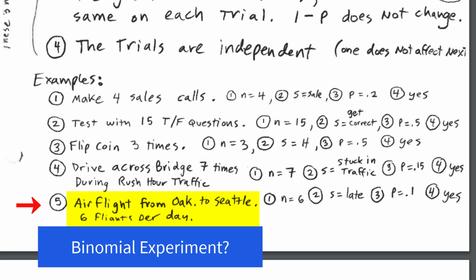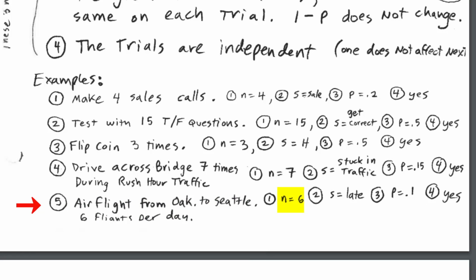How about if we're interested in whether an airplane is late or not? Is the experiment air flight from Oakland to Seattle, 6 flights per day, where we know from past data that the probability that any given plane is late is 10%. Is that a binomial experiment? N equals 6, 6 flights per day. We can define a success as late.